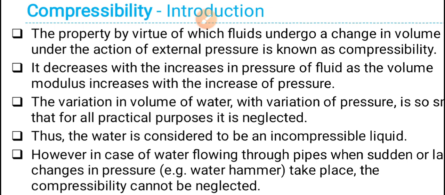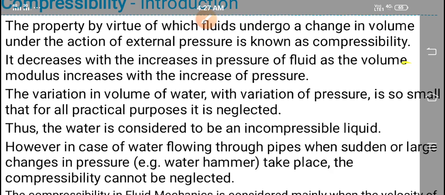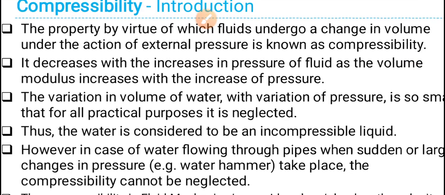It decreases with the increase in the pressure of fluid, as the bulk modulus increases with the increase of pressure. The variation in volume of water with variation of pressure is so small that for all practical purposes it is neglected.